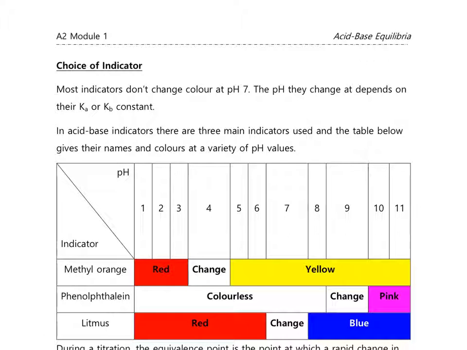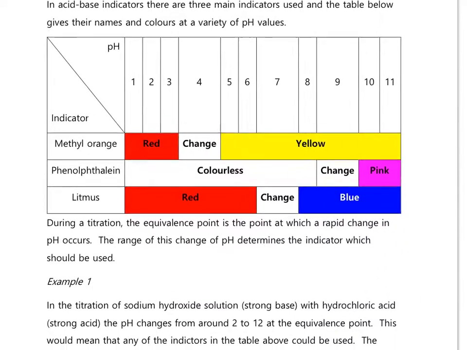What colour is it before? It's where it changes, it switches over. If you're getting more acidic, it'll turn to red at that point. Remembering that indicators are really just weak acids and bases, each indicator is going to have a Ka or a Kb value, depending on whether they're a weak acid or a weak base, and that will determine the pH that they change colour on. So let's have a look at ones that we are familiar with.